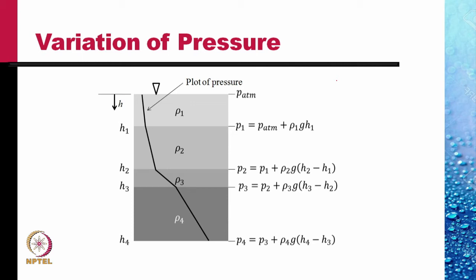Then we go down further in a layer with the density rho 2 up to depth h2. Then the P2 there would be P1, the pressure at this interface, plus rho 2, the density of the second fluid, times g times h2 minus h1, the depth of the second layer. Similarly, the third and the fourth layer.